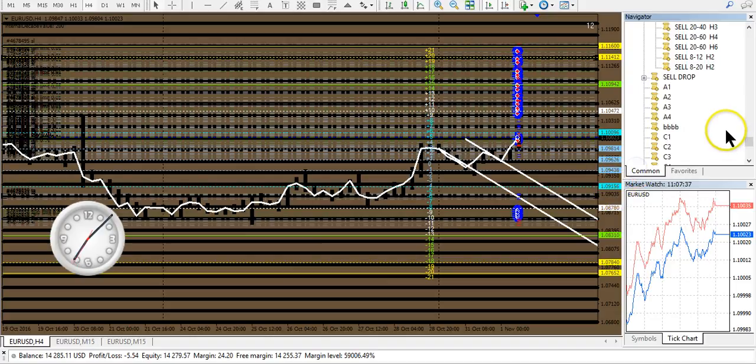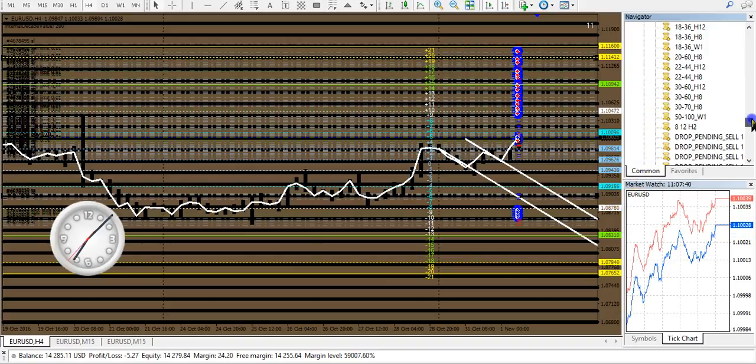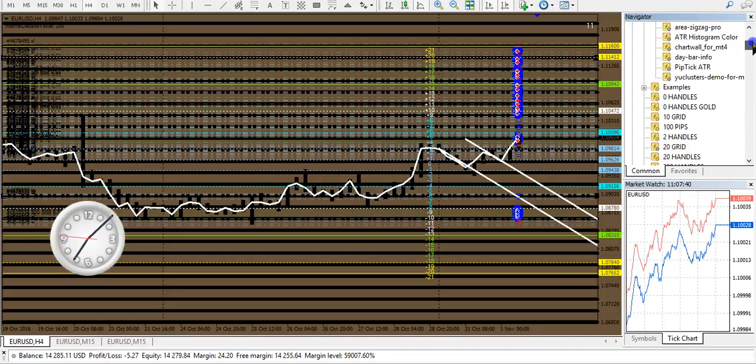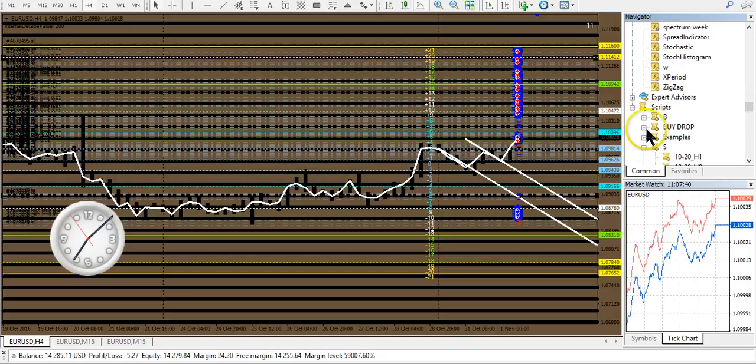This is the other demo that's trading off FX Blue. If you go under B and S, these are all buys, and then the other ones are all sells.